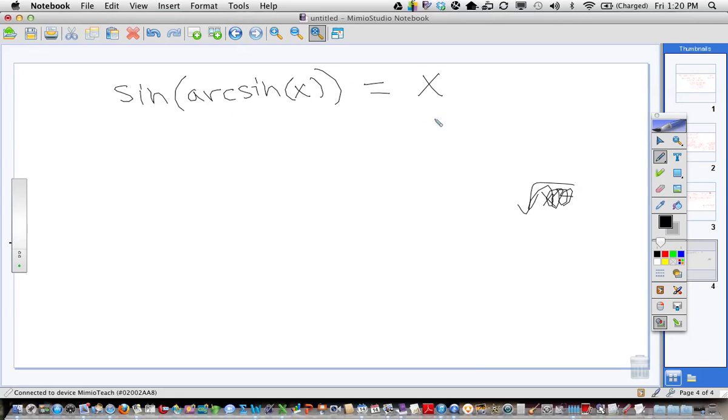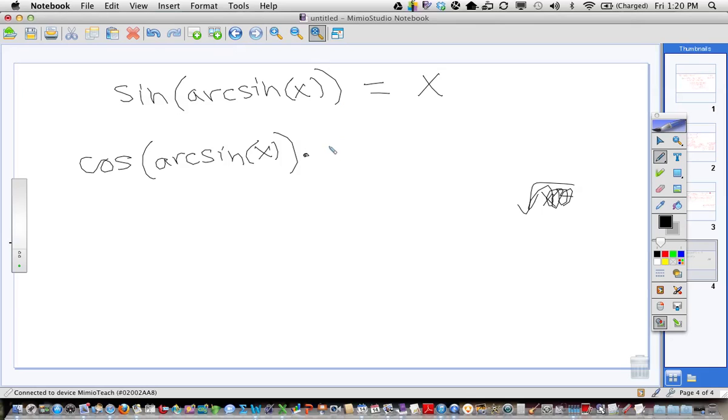Let's do the derivative of both sides. So the derivative of this side, we do the derivative of the outside first, which is cosine. We leave the inside alone, multiplied by the derivative of the inside, which would be the derivative of arc sine. Oh wait, we don't know what that is. Well, we do, but let's pretend we don't know.